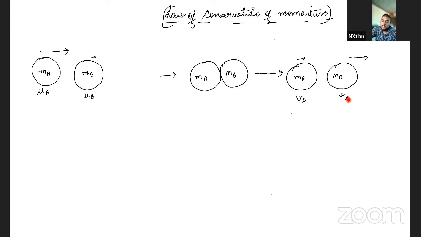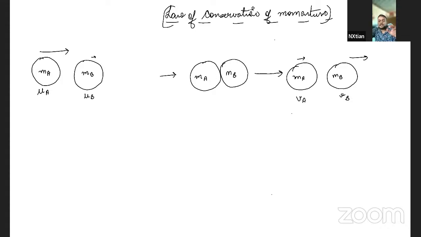Now you guys tell me. In the before collision case, which velocity will be more, ua or ub? Which ball speed is more? A ball or B ball? A ball, yes. The velocity of A will be more, no?